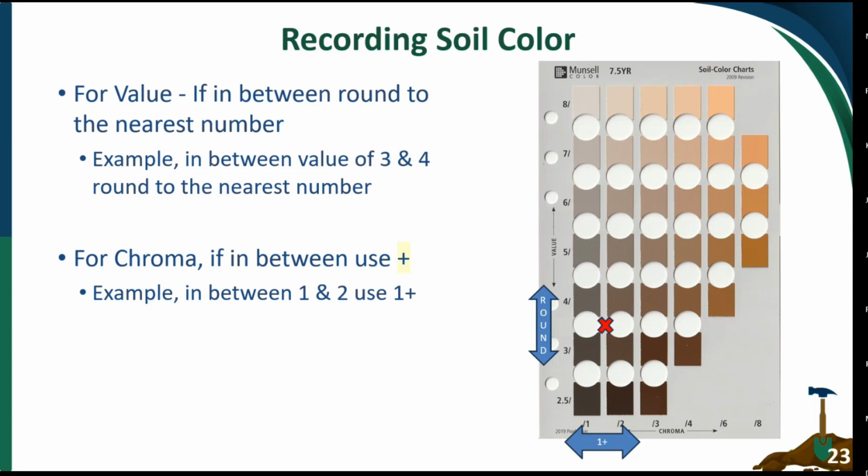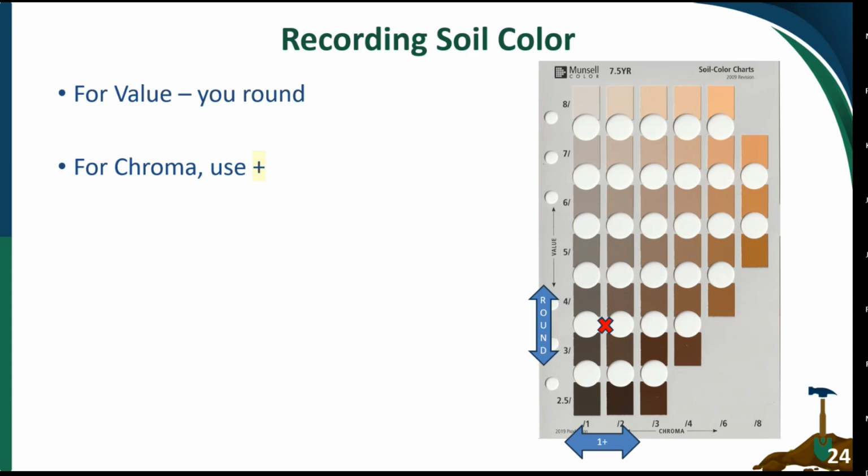So in our example of a soil that falls between a value of 3 and 4 and a chroma of 1 or 2, we would record that soil as a 7.5YR 3/1+. In that case, it does not meet the chroma requirement of F13.